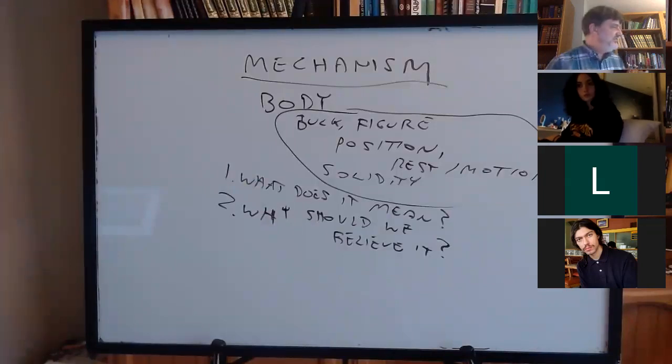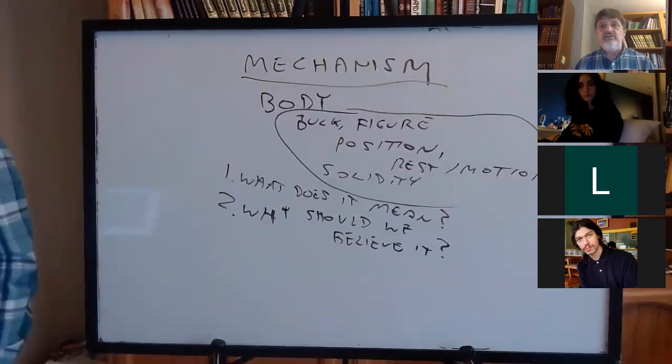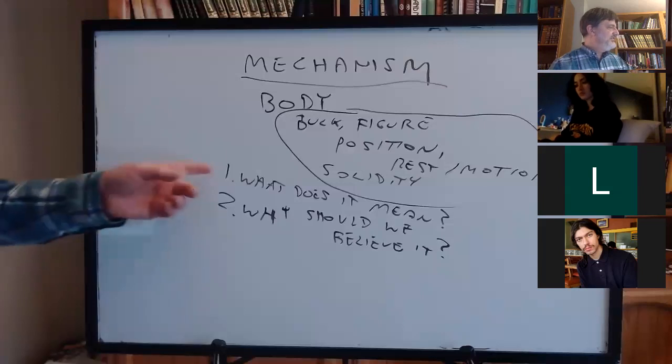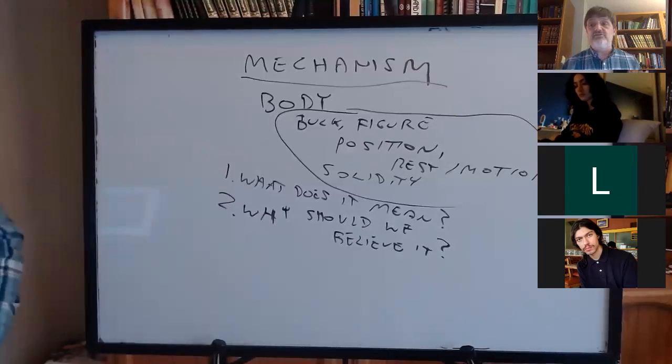The reason I separate these questions out this way is that almost all early modern philosophers, well, let me say this at least: Galileo, Descartes, and Locke are all mechanists. So are a lot of other early modern philosophers, such as Hobbes, Spinoza, Leibniz, sort of. They're all mechanists, but they all give somewhat different answers to these two questions.